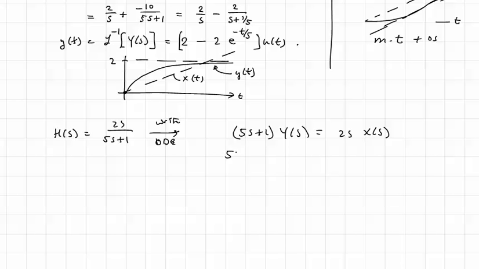So this is 5y-dot plus y equals 2x-dot. If we plug in a ramp, r(t) equal to t, what we're really solving is 5y-dot plus y equals 2. And I think you would agree that this should have a response that looks like a 1 minus exponential decay.